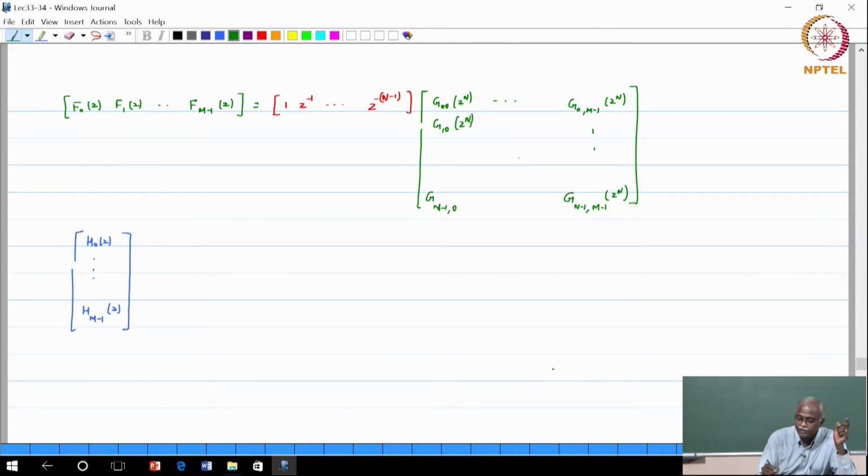Okay, now h of z, the analysis filter bank with the powers of z, will be S00 z power n, S01 z power n, all the way to S0 comma n minus 1 z power n, n polyphase components.